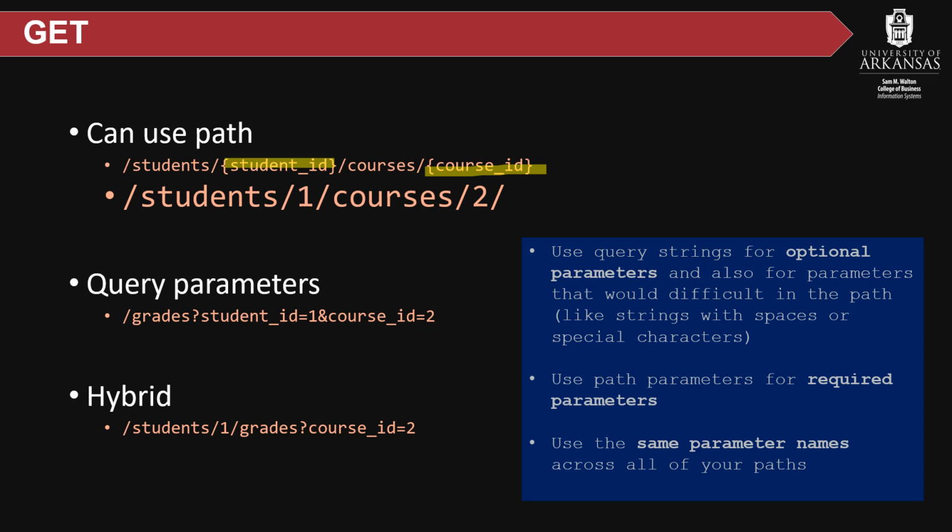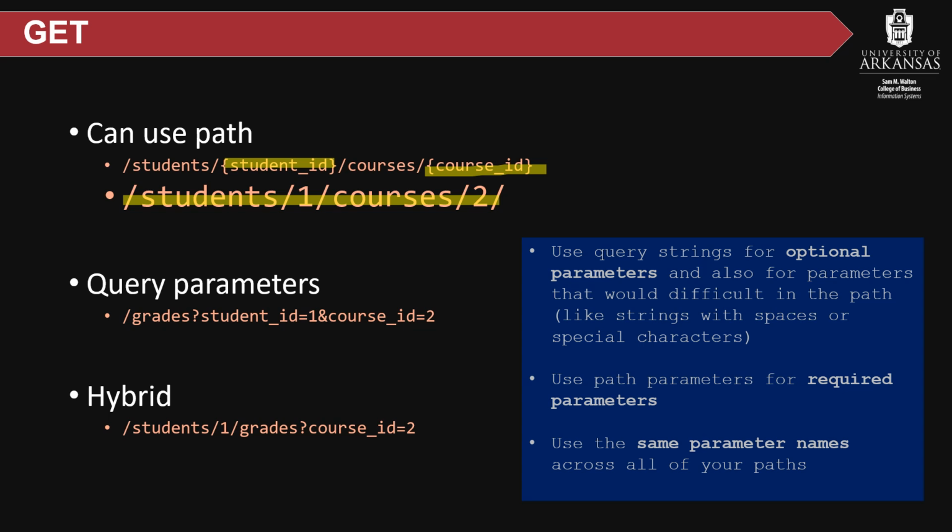Below the description, we see the example path: students 1. So it says, get me the student with the ID of 1, get me their courses, the course with the ID of 2, and therefore give me the grade for the student, the course that has an ID of 2 for the student of 1.